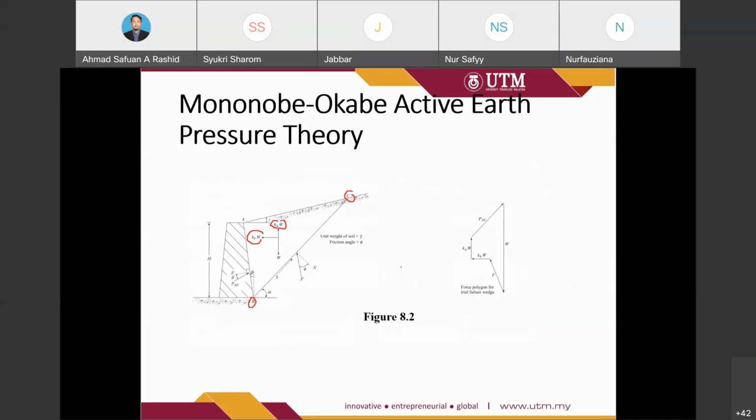So this is the force polygon, which has the additional KV W and also KH W. It means that previously the force polygon only had F, W and PA. However, when they introduce the earthquake event in the equations, they have the PAE, KV W and KH W.